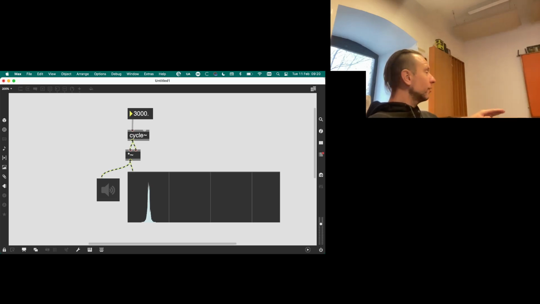You see, because all the other frequencies in the complex signal will move around and create sidebands, but only the 3000 will make a fixed voltage, will make a DC offset.